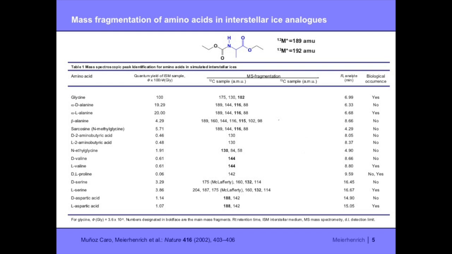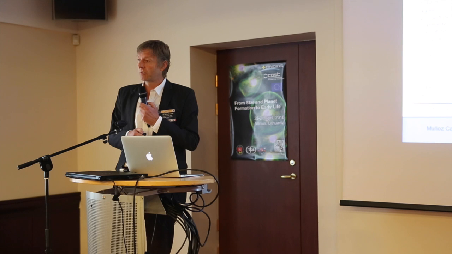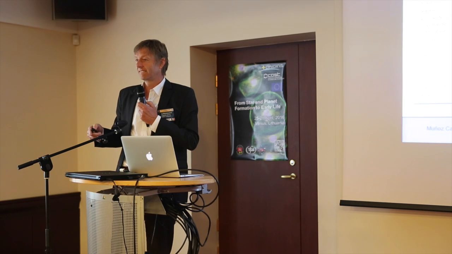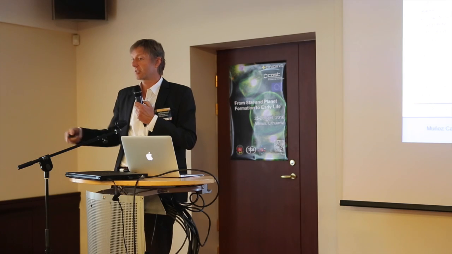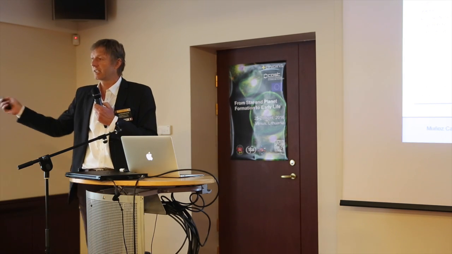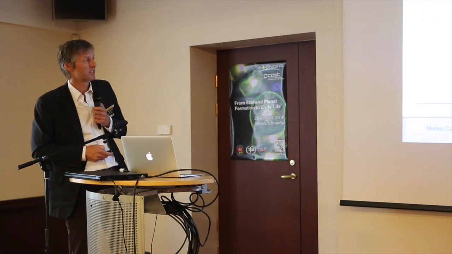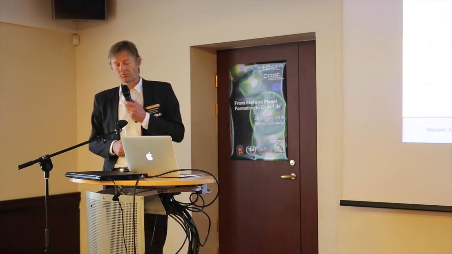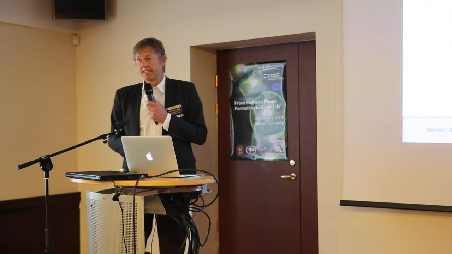We again produced 16 amino acids, and in this experiment, you see for each amino acid a mass shift that corresponds to the number of carbon atoms per amino acid. And according to this mass shift, we can be sure that all of the 16 amino acids that were produced contain carbon-13 isotopes by 100%, and as a consequence, they were indeed produced by the C1 and N1 units introduced into the system. This was published many years ago.